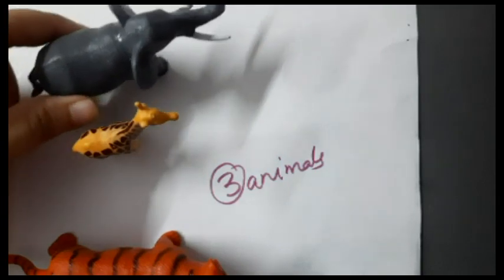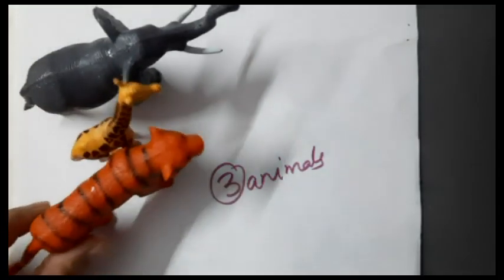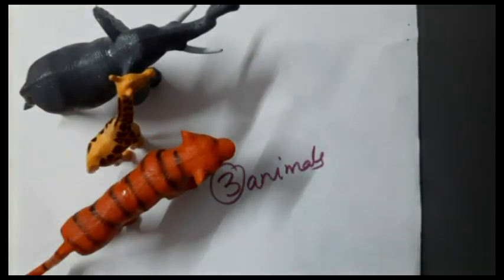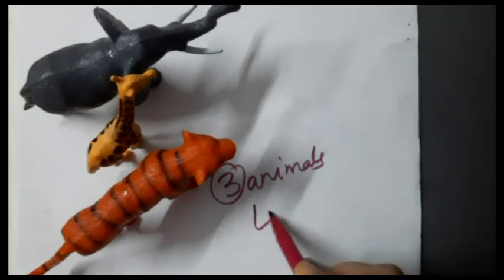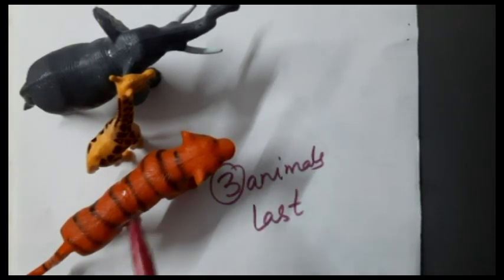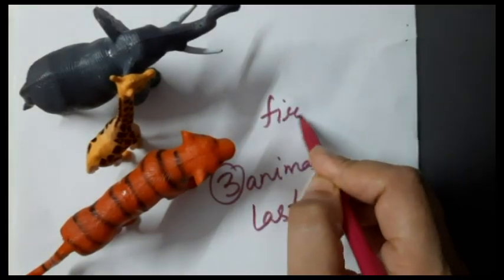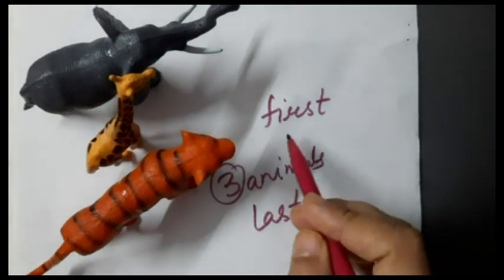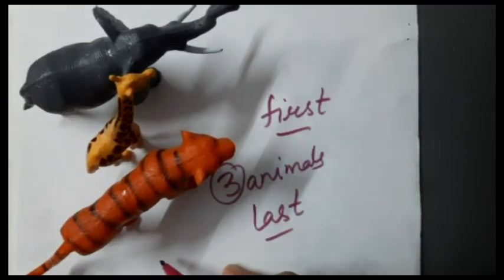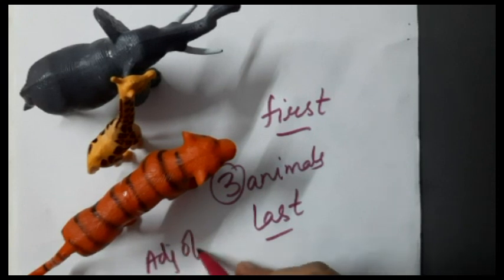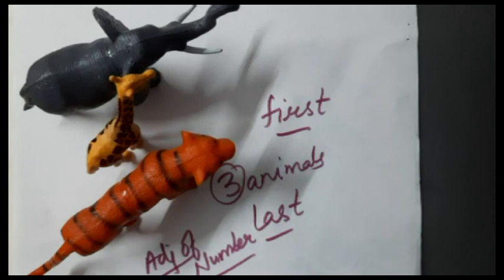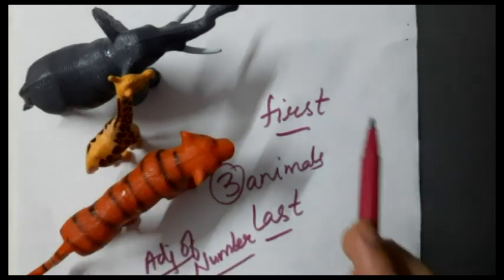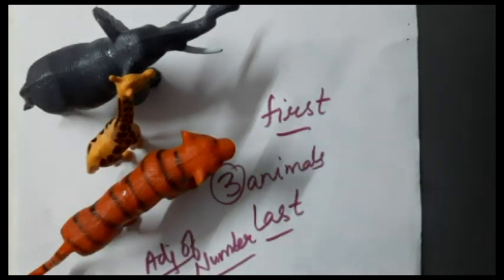Because it tells you about your animals. You can count them. And now if I ask you which is your last animal, what would you say? That ma'am, this leopard is my last animal. Which is your first animal? Elephant is your first animal. So these words, dear children, they are also your adjective of number, which you have just studied. Alright? Because they give you more information about your noun and you can count them.